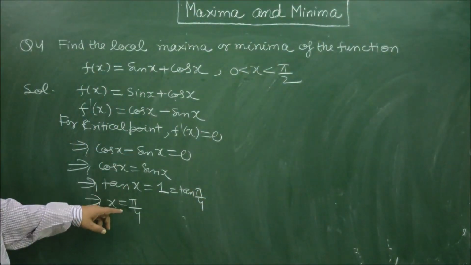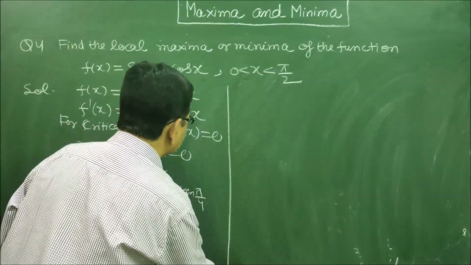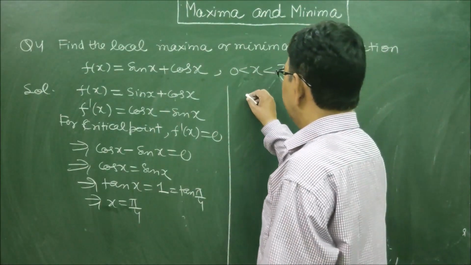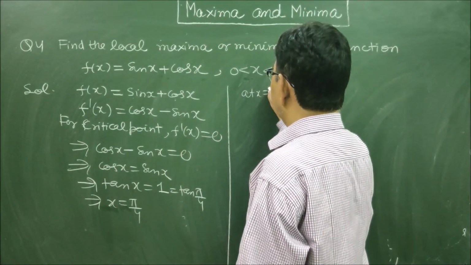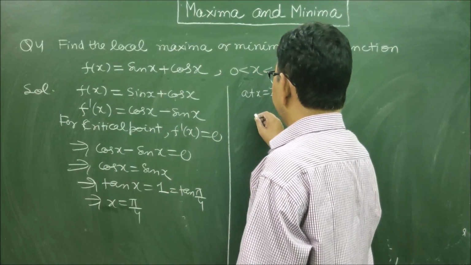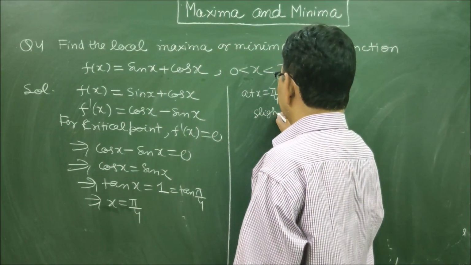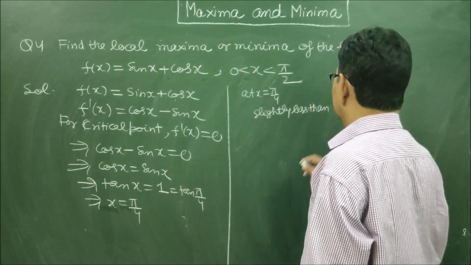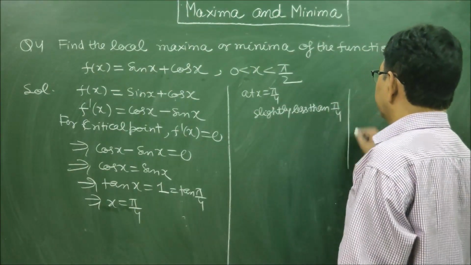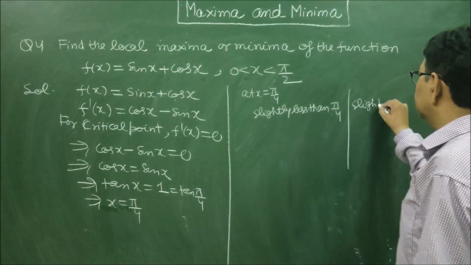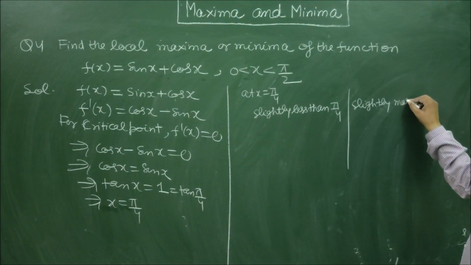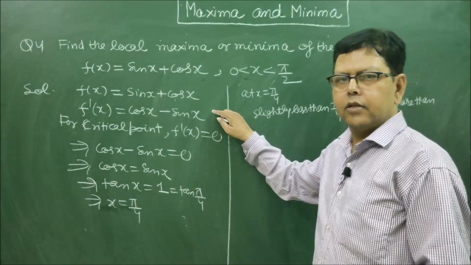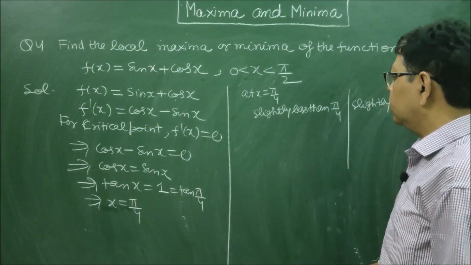Now at this point let us find the change of sign of f dash x at x is equal to pi by 4. We will consider 2 points, slightly less than pi by 4 and slightly more than pi by 4, and check the sign of f dash x there.